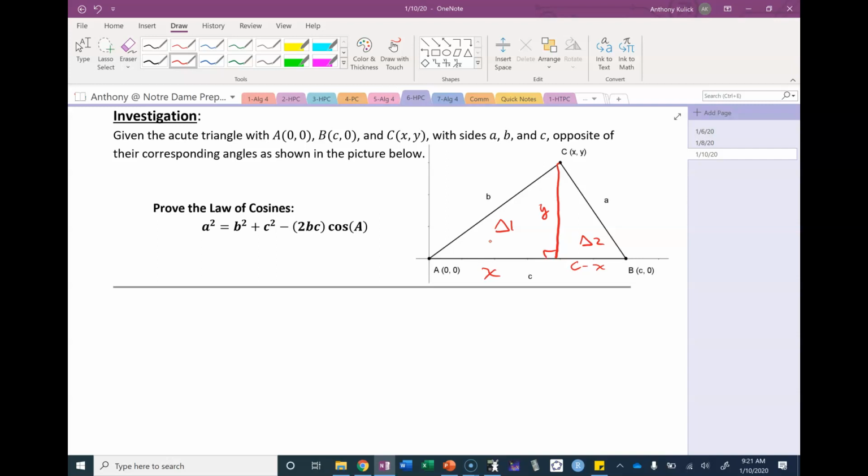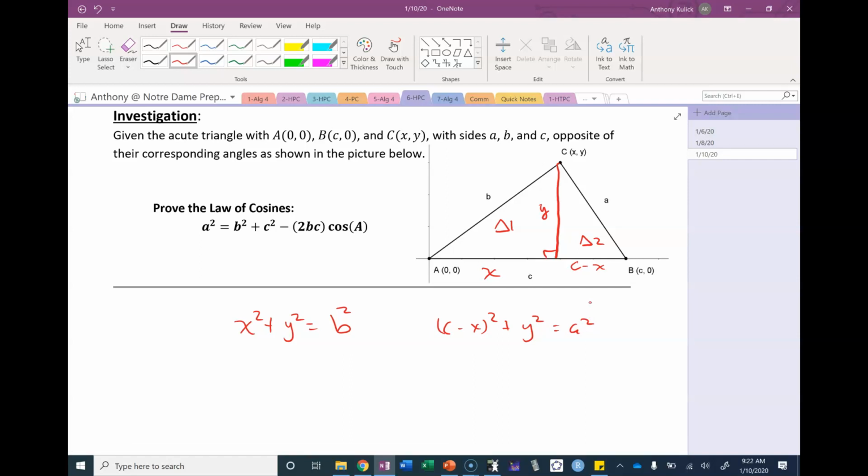Kind of, yes. All right, so what did we write for triangle 1? Good. x squared plus y squared is equal to b squared. I agree with that. What did you write for triangle 2? Good. (c minus x) squared plus y squared is equal to a squared.